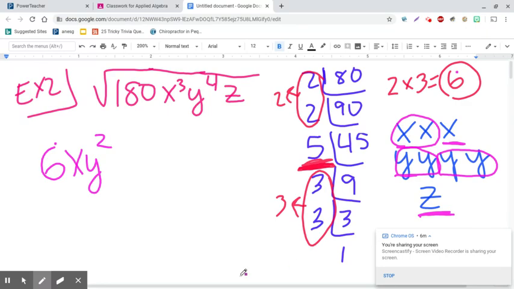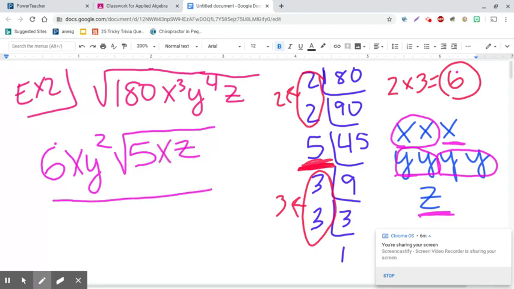So we're going to finish off our radical, and we're going to put inside what was left. We couldn't do anything with that 5, so that 5 is going to stay inside, and then an x and a z. We're done.